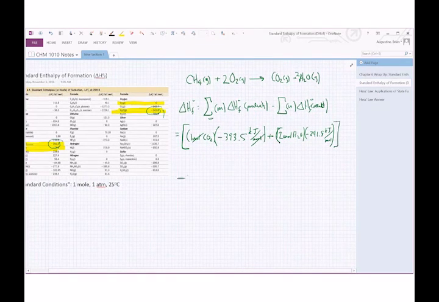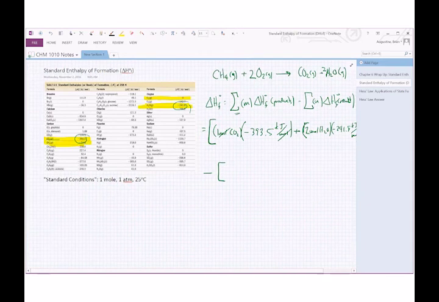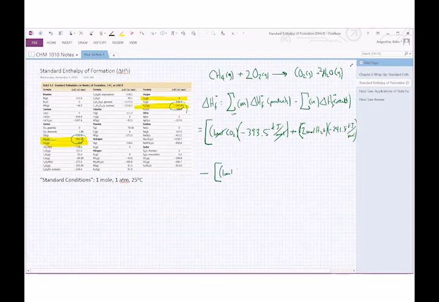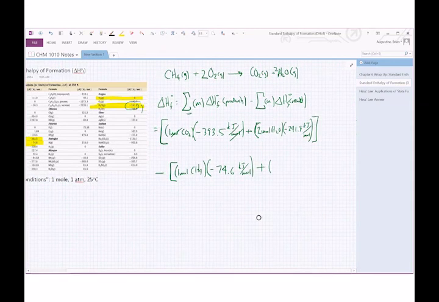And now I'm going to subtract the reactant side, which is 1 mole CH4 times minus 74.6, I think that's what that says. Yep, minus 74.6 kilojoules per mole, plus 2 moles O2 times 0 kilojoules per mole, because remember that's the element in its most stable form.